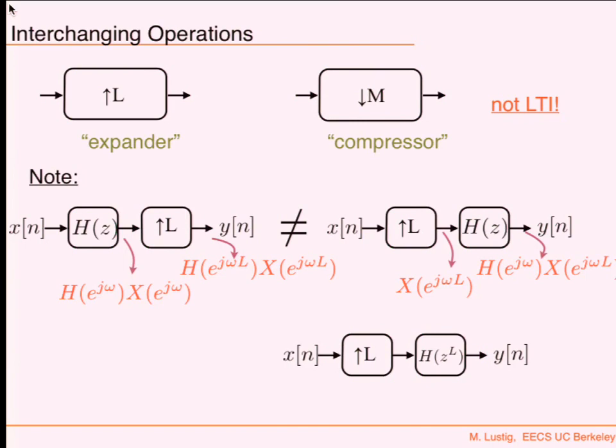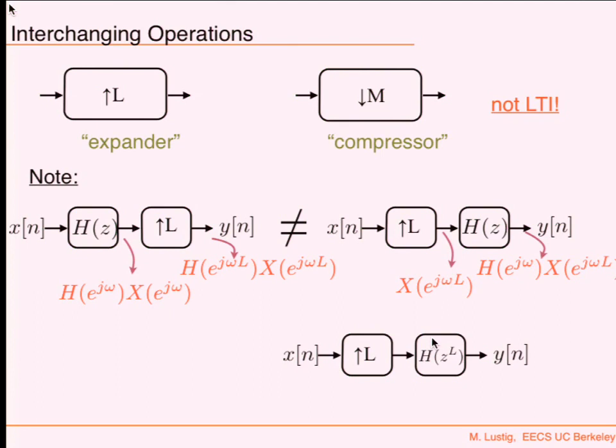But I can change the filter such that it is equivalent to the filter that is expanded. Right? I could do that. So I can take x of n, upsample, and then not filter with H(z).